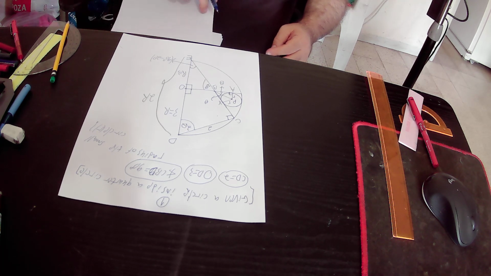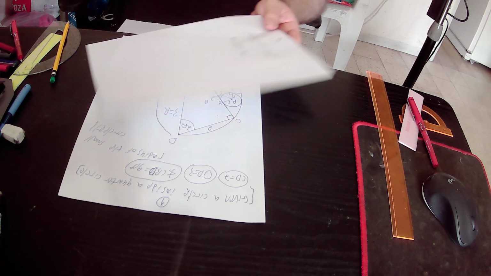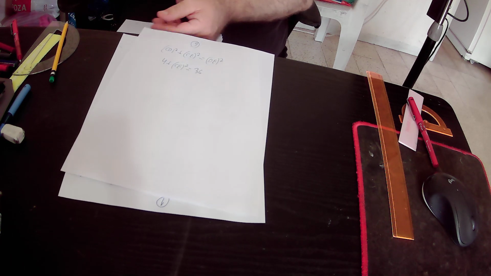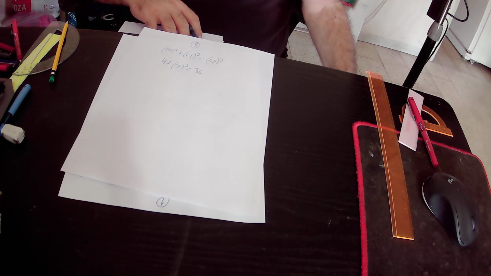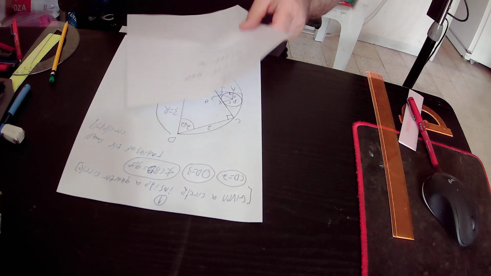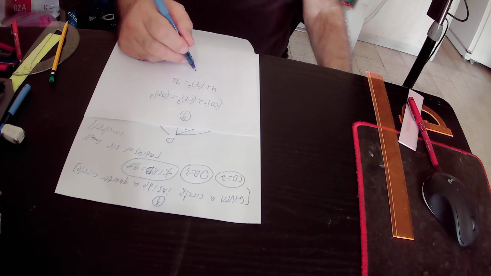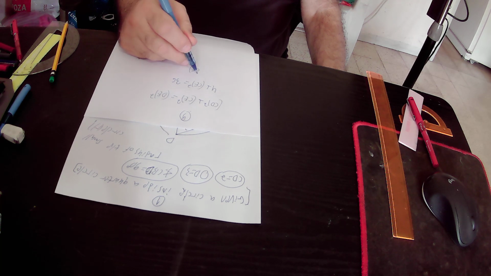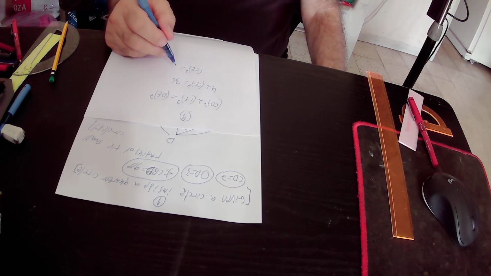So in total we got that 4 plus CE square equals 36. Here we subtract 4 and we get that CE square equals 36 minus 4, which is 32.